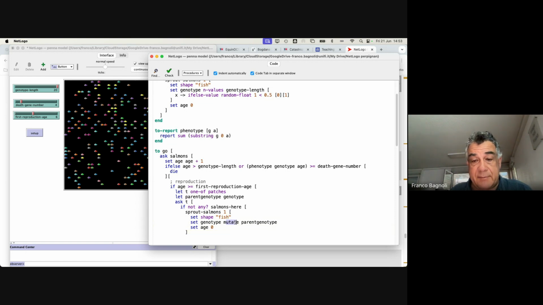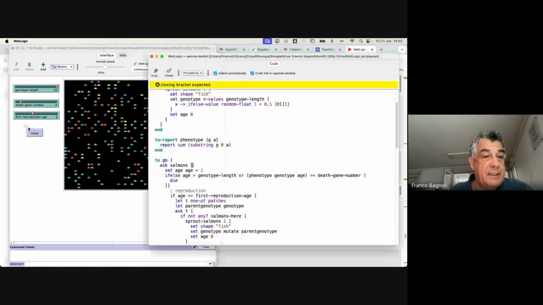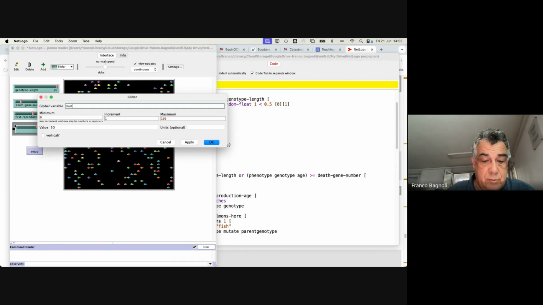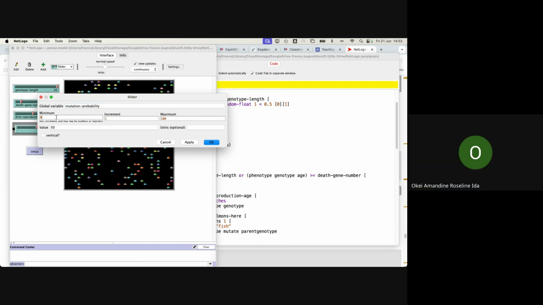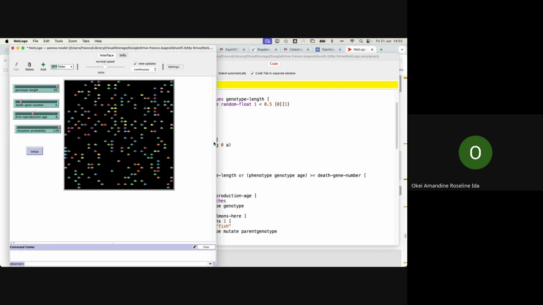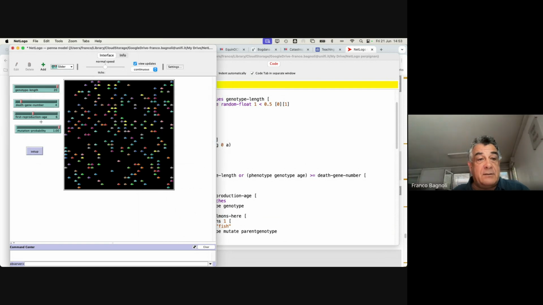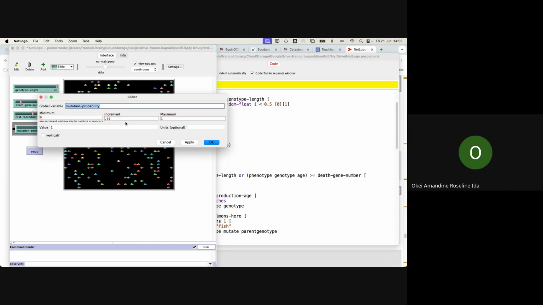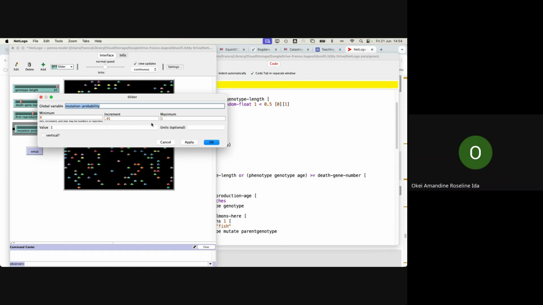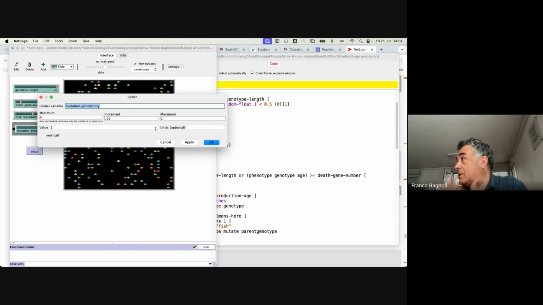Then we have to define this mutate. And we may use a slider for mutation probability, with maximum 1. Either we can have always a mutation and set how many genes they mutate, or a mutation probability per genome or per gene.